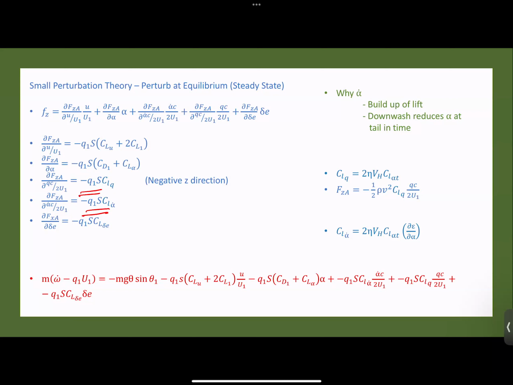I've written the reason in the bracket, but can someone articulate it? Why do you have a negative sign there?